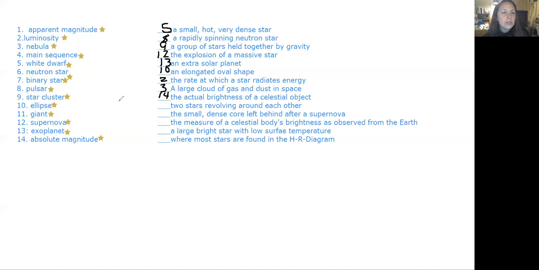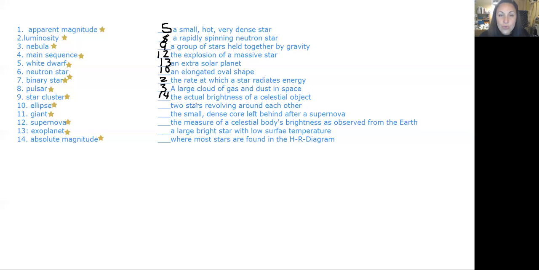The absolute magnitude. That means you can use a formula to find factually how much energy or brightness is being radiated from this celestial object, be it a planet, be it the sun, be it a moon. How much is actually being given off by that planet? So absolute magnitude means it's factual.